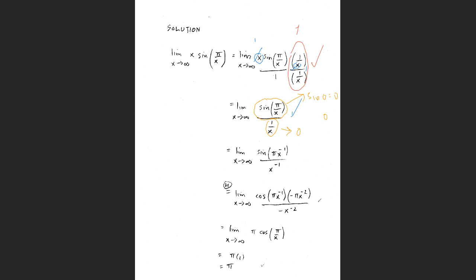So now you have an indeterminate form that you can use L'Hopital on. You can use L'Hopital's rule now to help you find this limit. Are there any questions up to here?